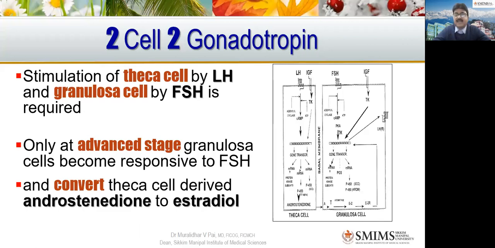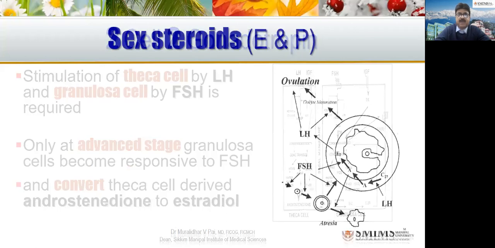That happens under the influence of insulin, if you recall. So this is the famous two-cell, two-gonadotropin theory. This sounded like a very difficult, tough one when we were PGs, but it is nothing. So theca cells produce androgens. Granulosa cells will convert that androgen into estrogen under the influence of FSH at a particular time.